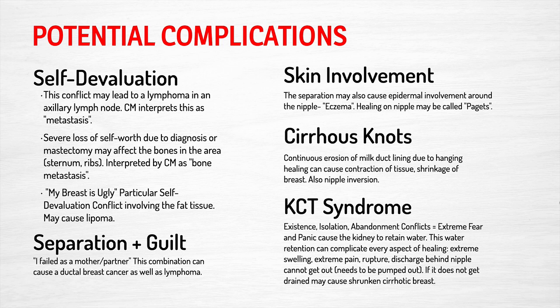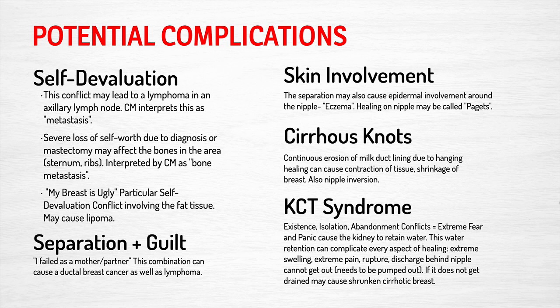The kidney collecting tubule syndrome is also at play here, because if there is extreme fear and panic, there's also that water retention. So you've got this healing, imagine a scab down this main duct of your breast. Discharge can build up behind the nipple, especially if there's a lot of fluid retention due to the syndrome.